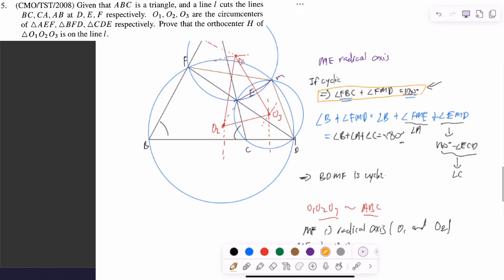So what I'm saying is this line is perpendicular to this line, and this line is perpendicular to this line, by definition of radical axis.